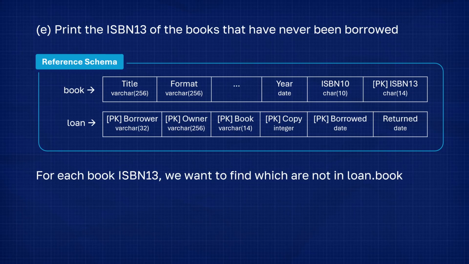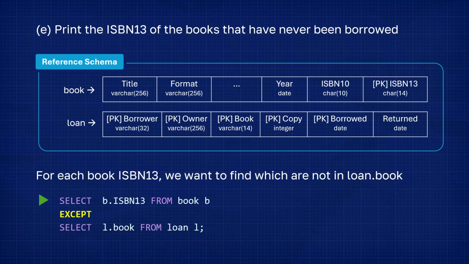In fact, this is quite an elegant solution. Select book ISBNs, except, select loan ISBNs. Question, why do we not put a distinct here? Or must we put a distinct? This is not distinct, by the way. You will have duplicate book ISBNs in this loan.